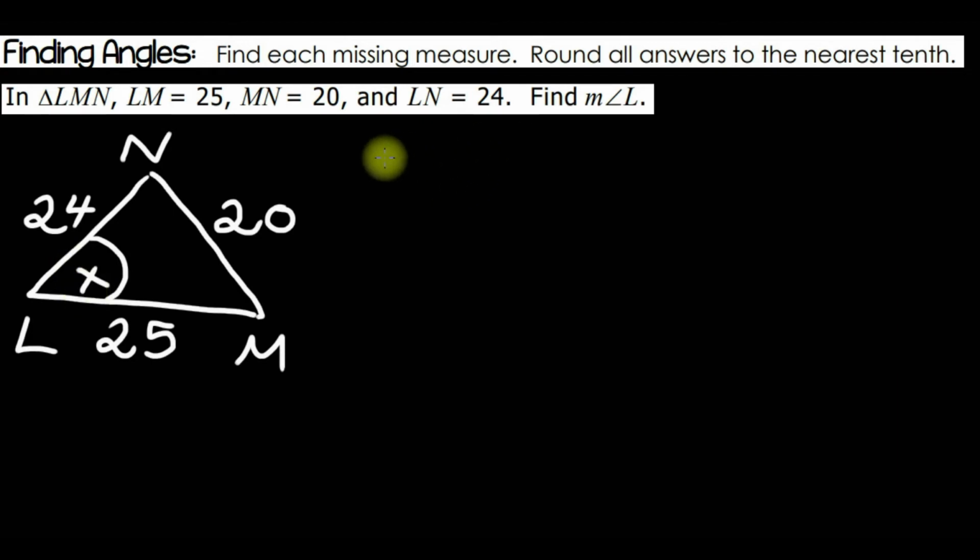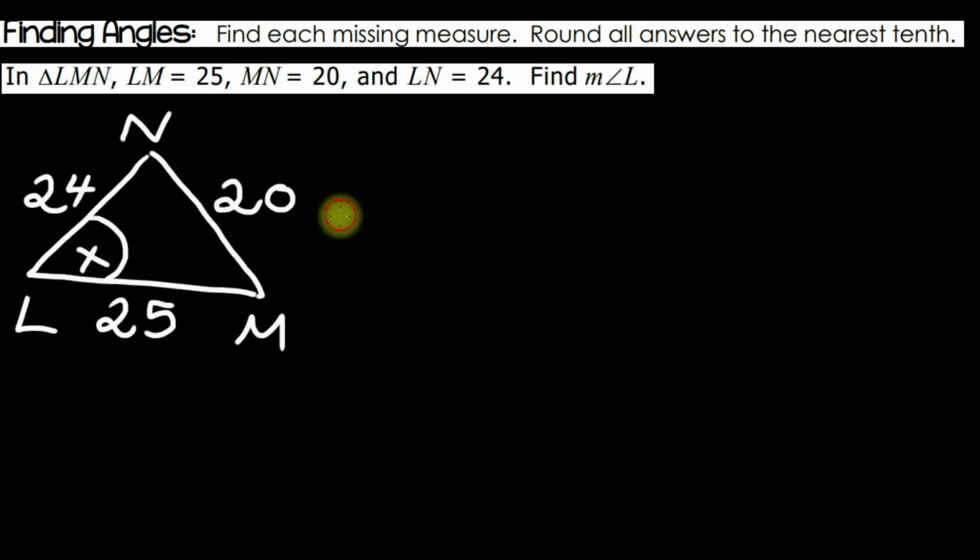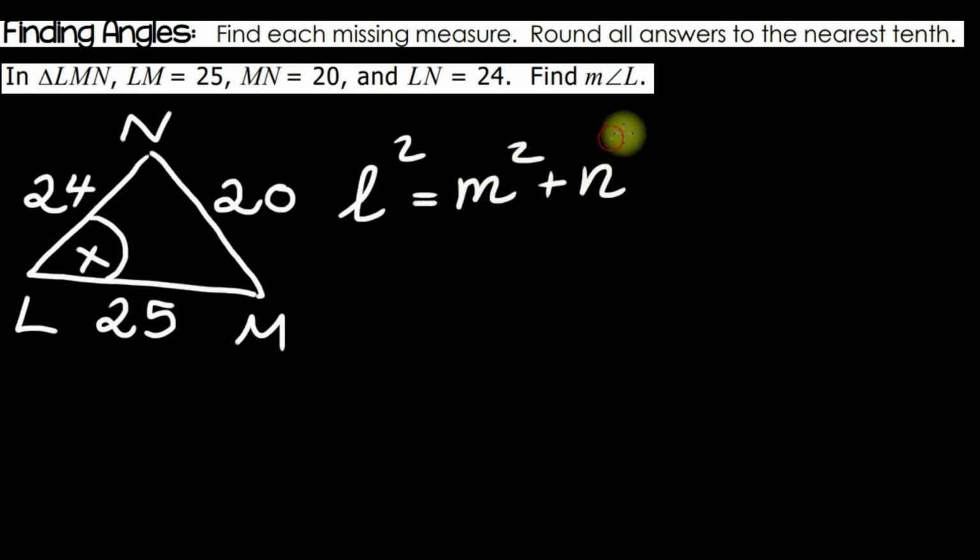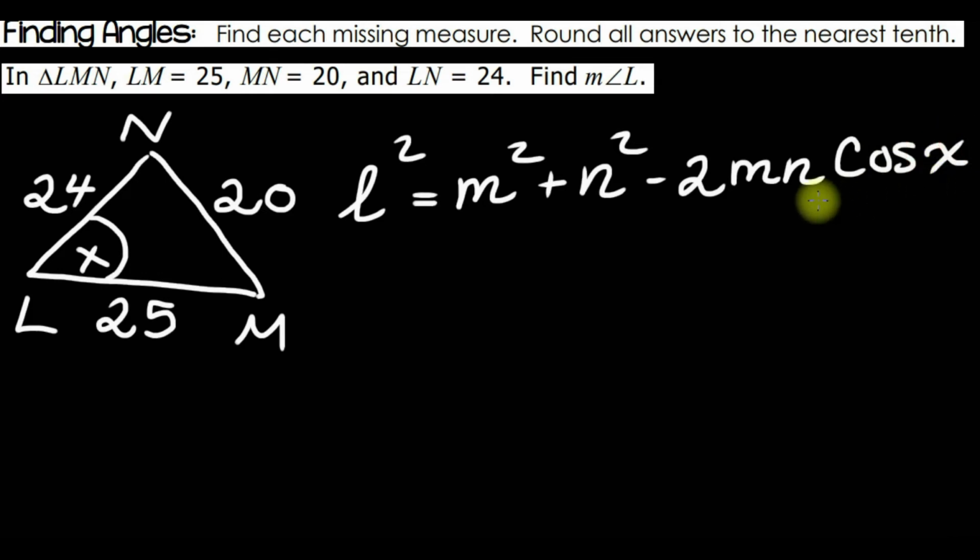Okay, so side is what we know. Therefore, we can use the law of cosines to come up with the missing angle. So the formula is going to be L squared equals M squared plus N squared minus 2mn, and then cosine of x.